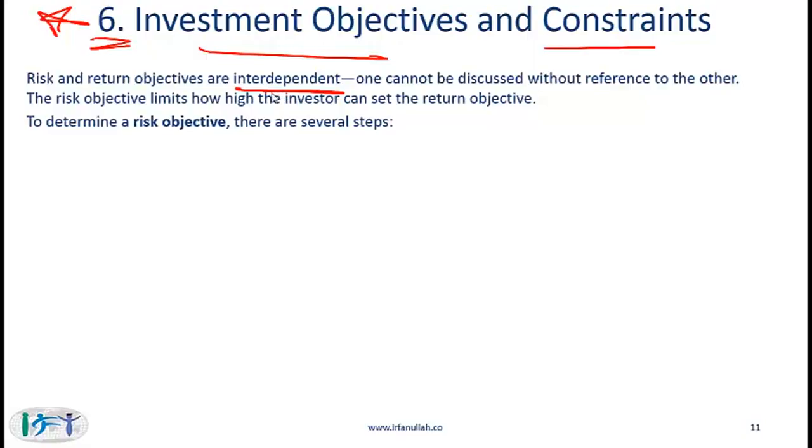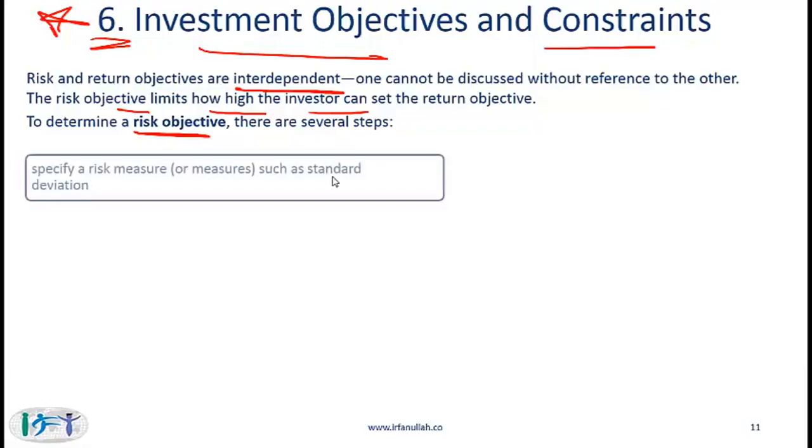And specifically, we often talk about risk objectives first, because risk objectives limit how high the investor can set the return objective. Clearly, if the investor is very risk averse, then the return objective needs to reflect the level of risk averseness. To determine the risk objective, there are several steps.